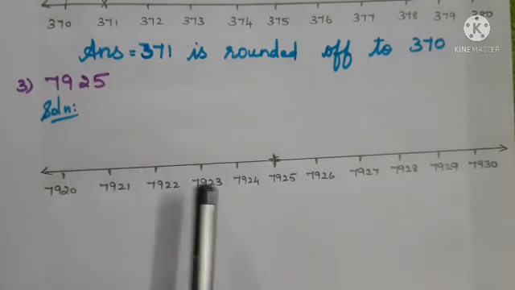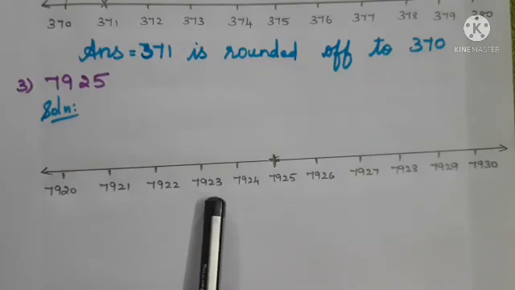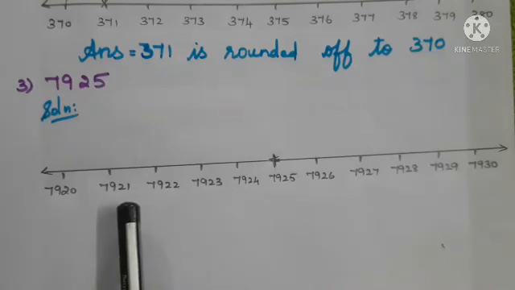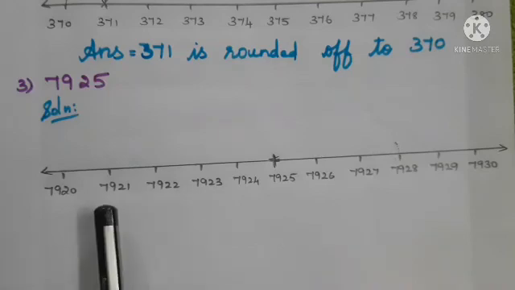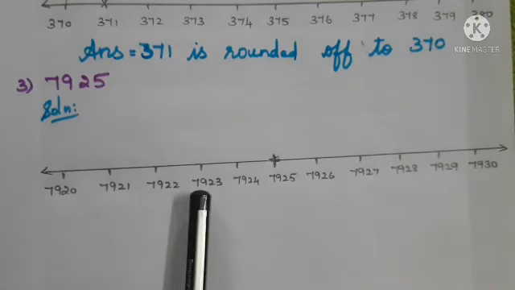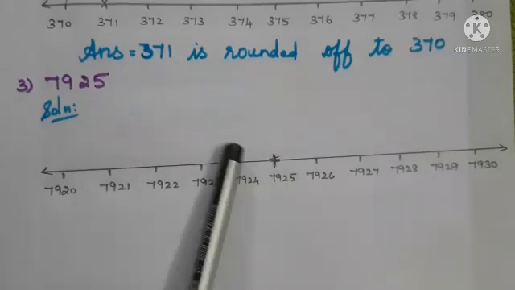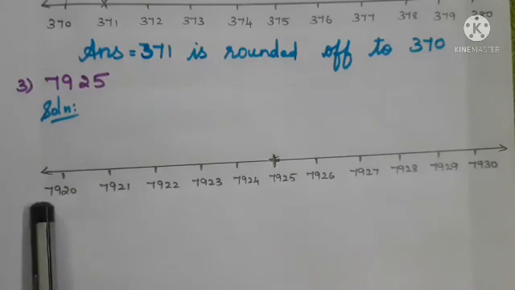If the digit at the ones place is less than 5, the numbers like 1 2 3 4, it will round down. Round down means it will come to the before tens place value.